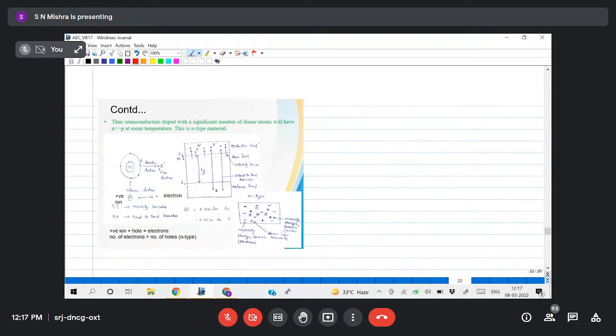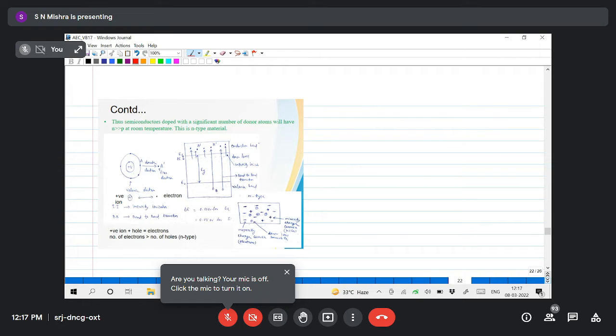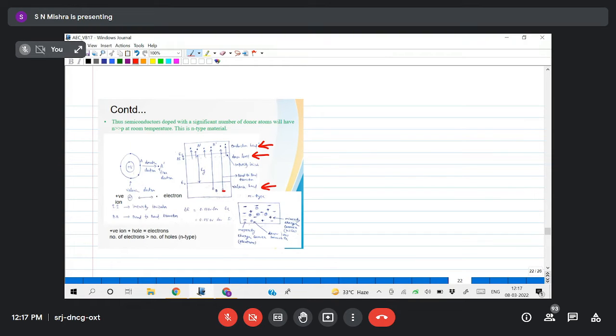Now that thing is explained here. Whatever I have shown in diagrammatic format, the same thing is there. This is your donor level, this is the conduction band, this is the valence band, and in this process hole and electron are generated, this is a hollow circle, and this is a black dot.